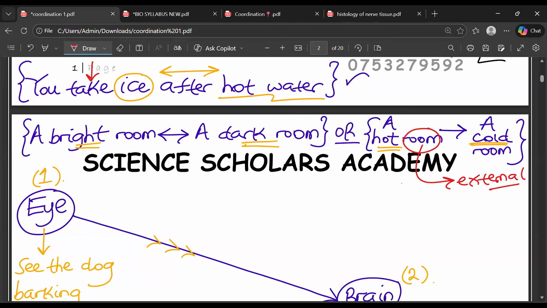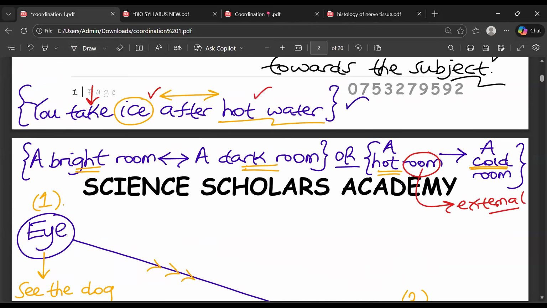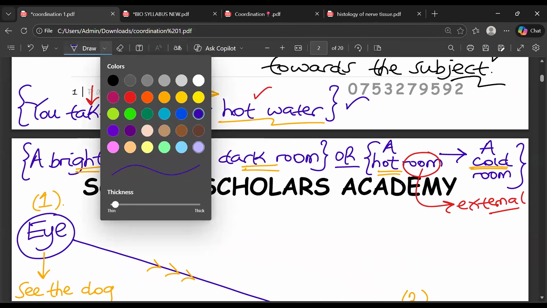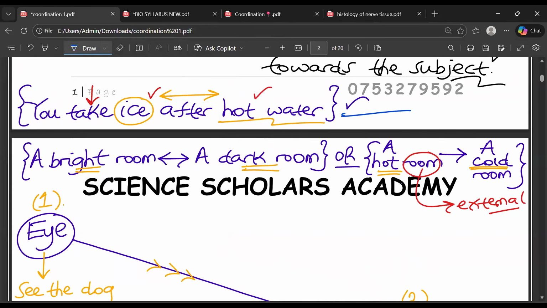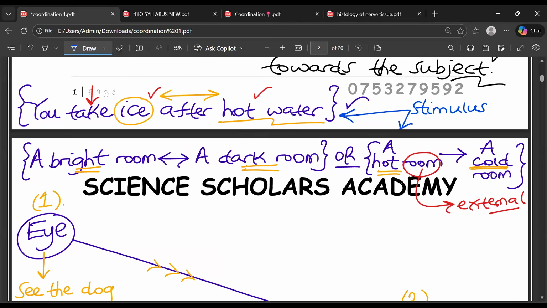So you need to know about that also. You get? So why am I bringing all this? Because there is a term I want to introduce to you, and of course, that is stimulus. So that scenario and this scenario: the change in the external or internal environment, it is stimulus.